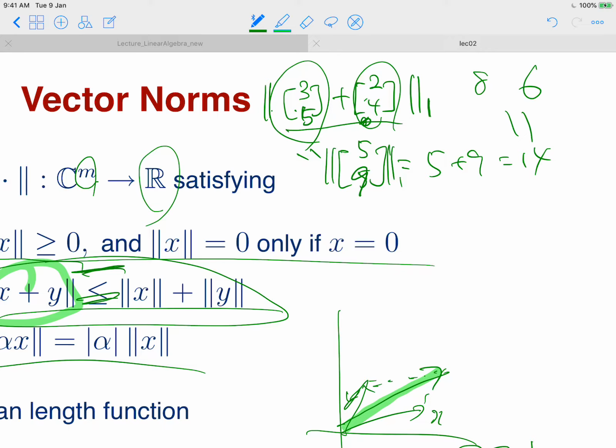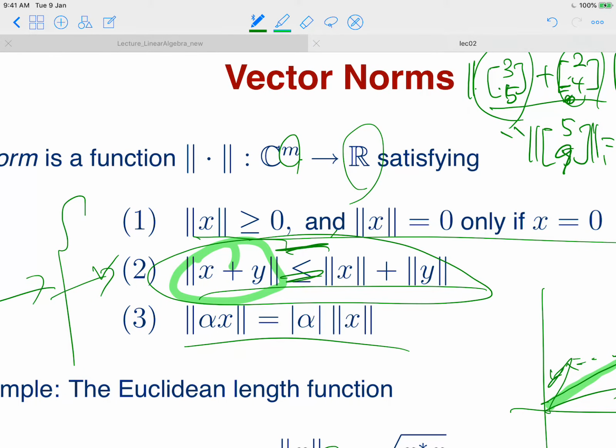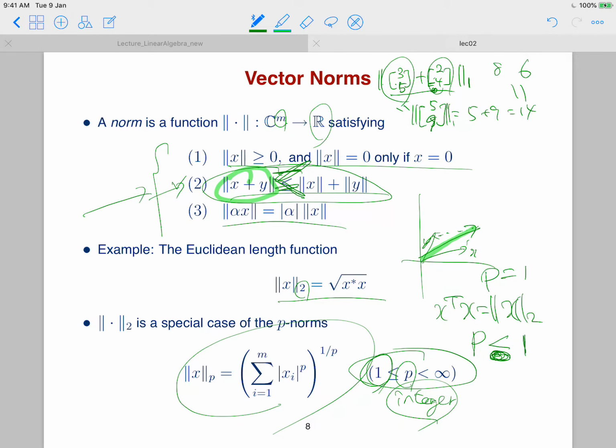So in this case, the 1 norm satisfies this triangular inequality with equality. But if the sign is different, then it's not equal, right? So it becomes a strict inequality. But that is kind of a trivial case.